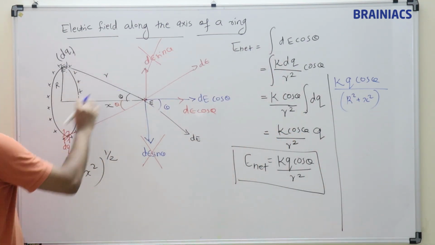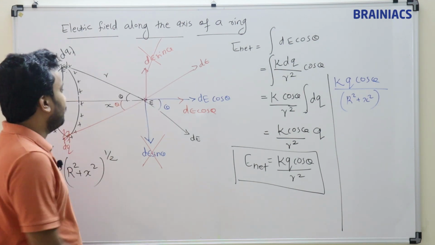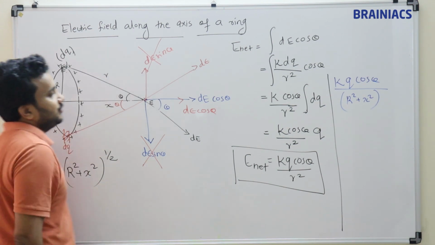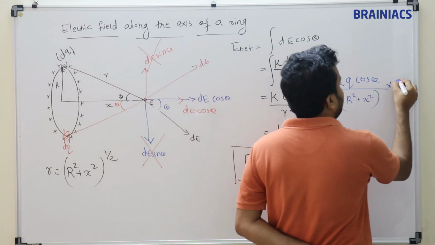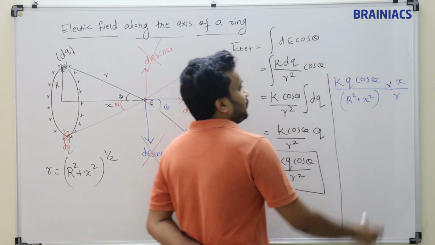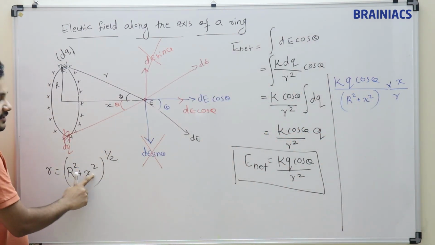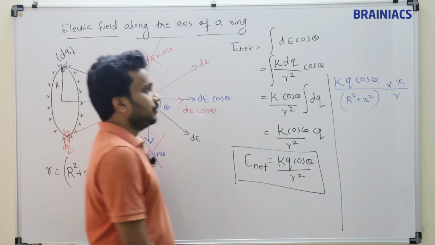Next, one more thing, we are going to replace cos theta. What is cos theta from this diagram? Cos theta means adjacent side by hypotenuse. What is the adjacent side? X. What is the hypotenuse? R. So for this R also, R is equal to root of R square plus X square, whole power 1 by 2. So we'll substitute this.